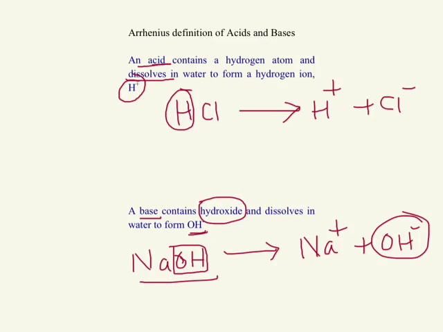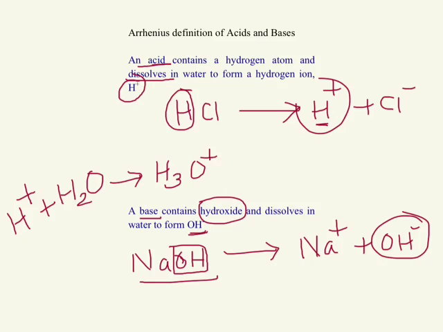Later on, Arrhenius' definition was contradicted because we can see here this H plus does not really exist in water, because what happens when this H plus is released in the water, it immediately combines with water to form hydronium ions.